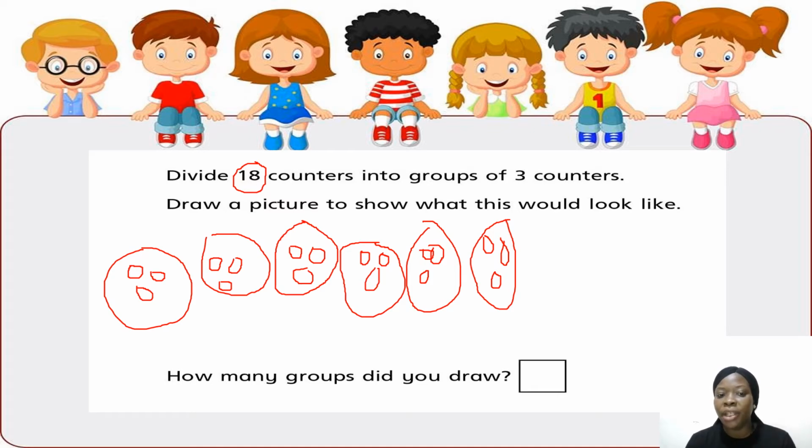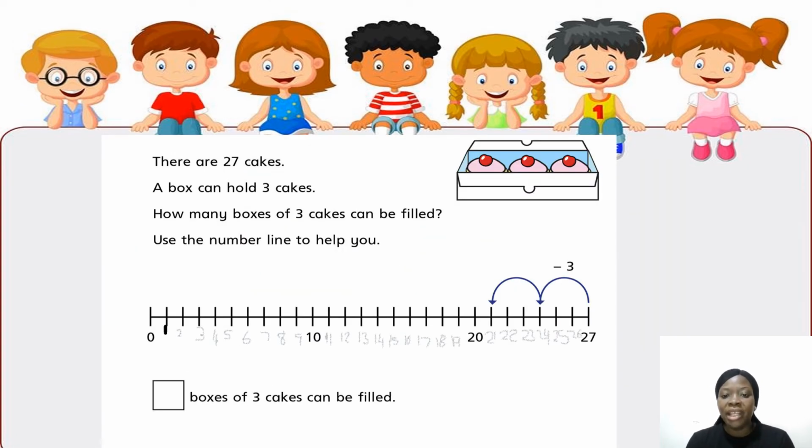So let's count how many groups we drew. 1, 2, 3, 4, 5, 6. So we have how many groups? 6 groups of 3. Thumbs up if you got it correctly. Well done, everyone.